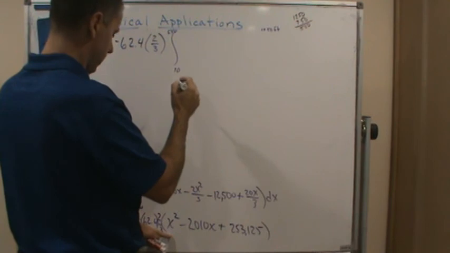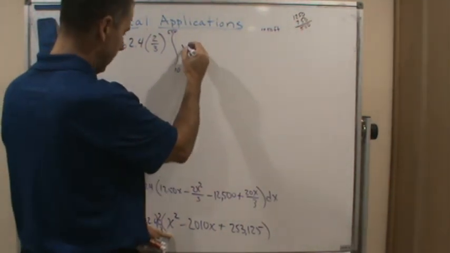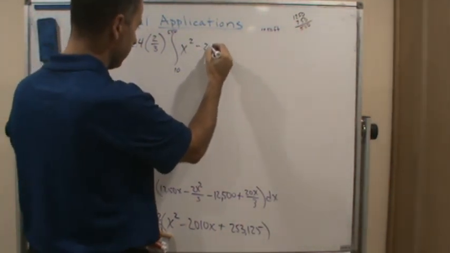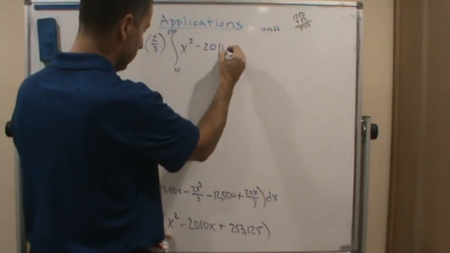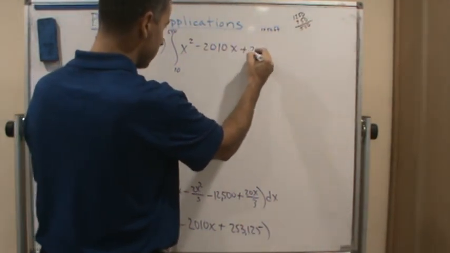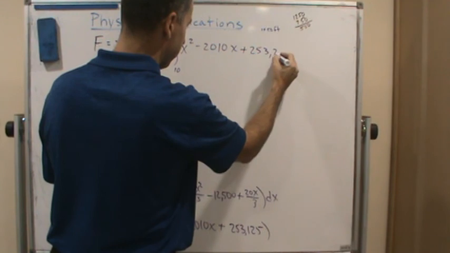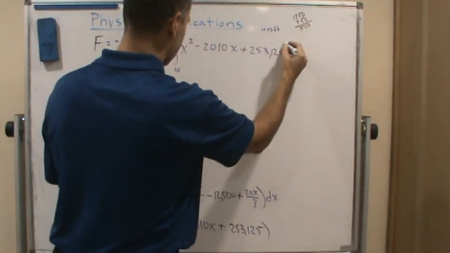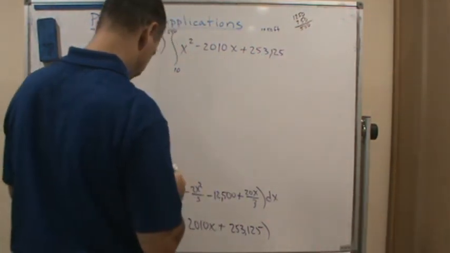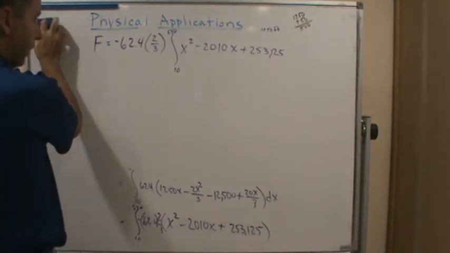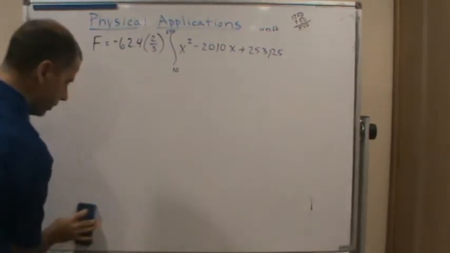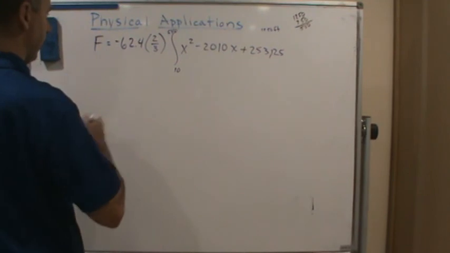And we get x squared minus 2010x plus 253,125. Yeah, that's it. So now we're going to integrate this thing.